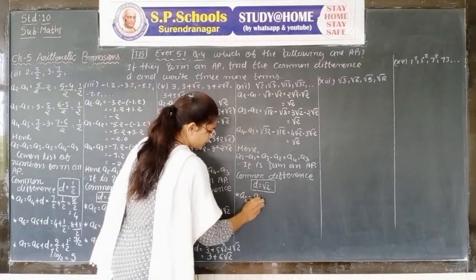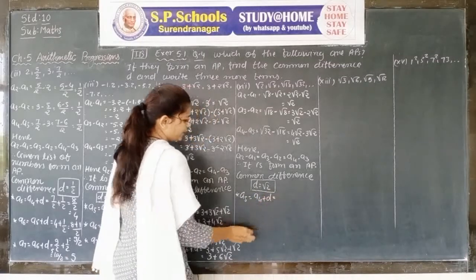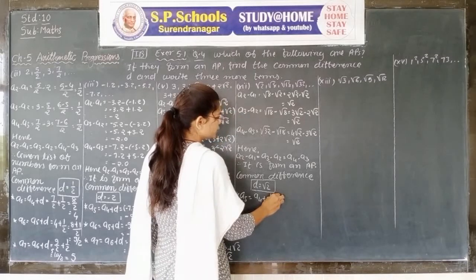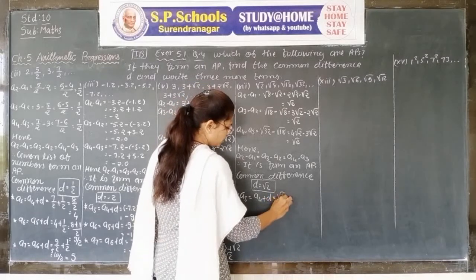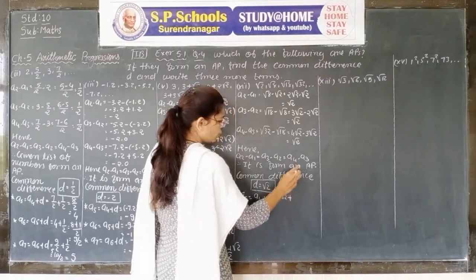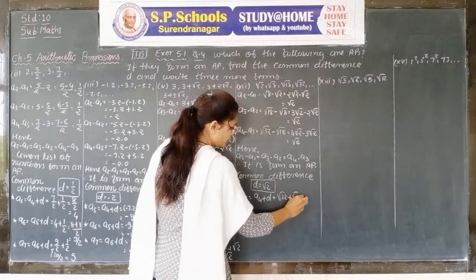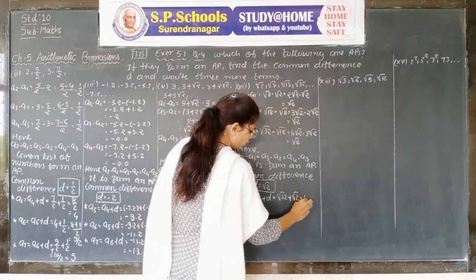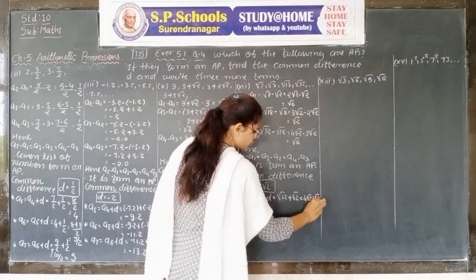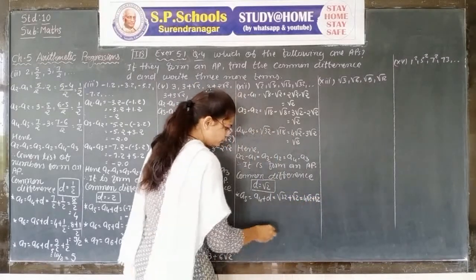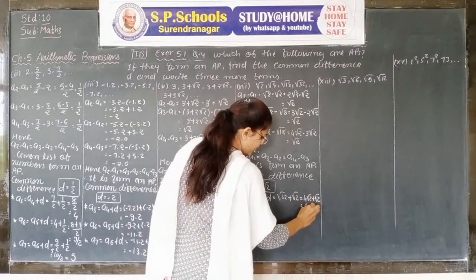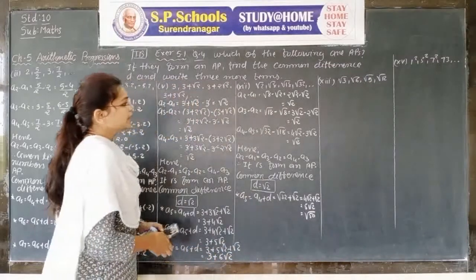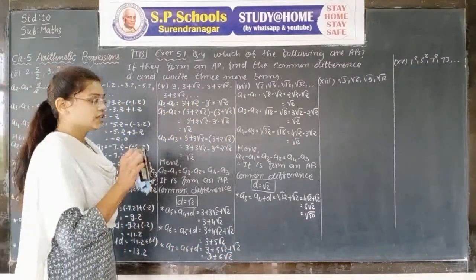The four terms are available. a5 is equal to a4 plus d, where a4, the fourth term, is root 32, plus d, the common difference, which is root 2. We know root 32 is 4 root 2, plus root 2, which is 5 root 2, and our answer is root 50, because each and every term is in square root.